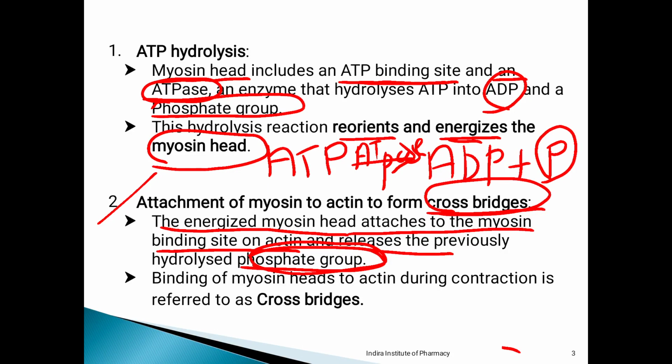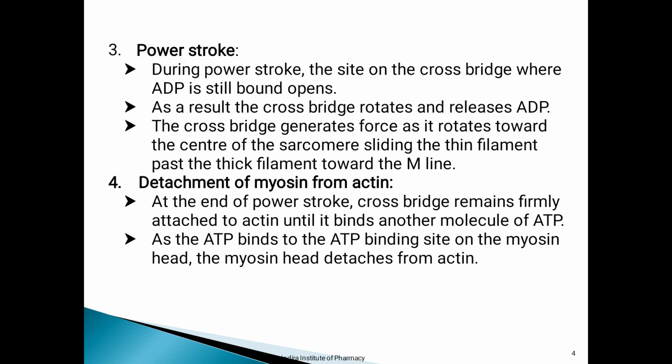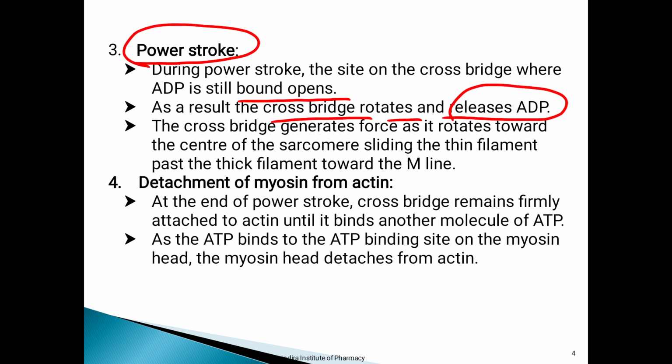So we'll move on to the next step, that is power stroke. During power stroke, the site on the cross bridge where ADP is still bound opens. As a result, the cross bridges rotate and release ADP.